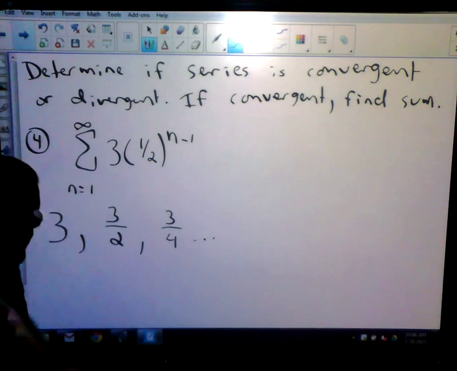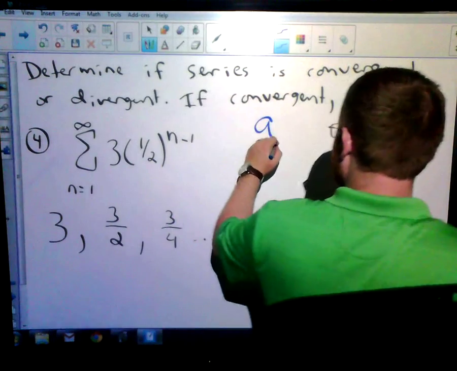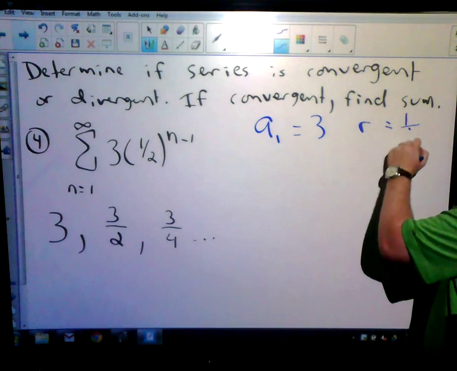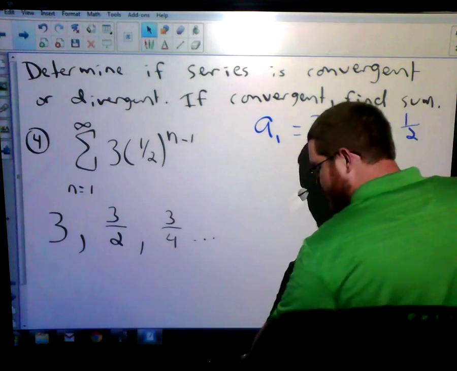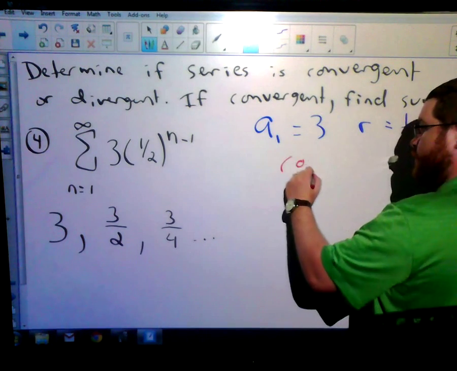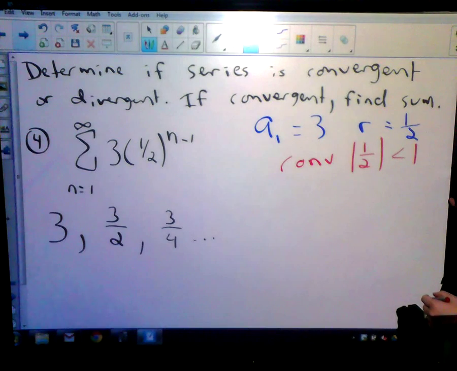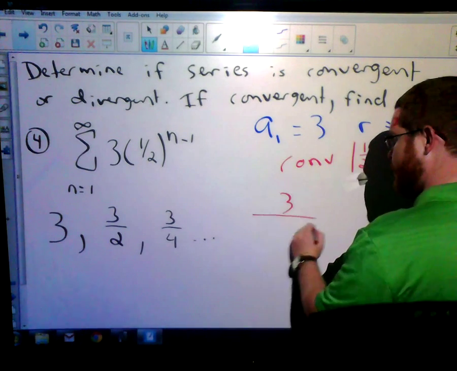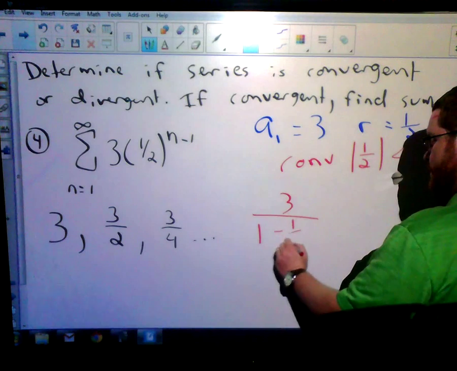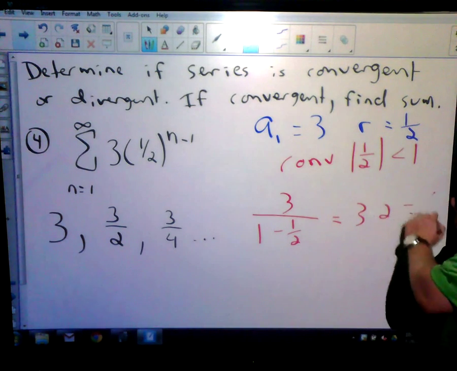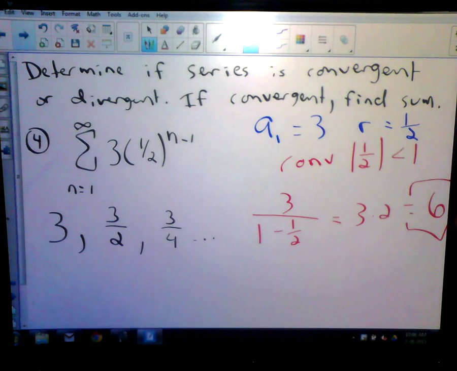You guys can see that a sub 1 is 3, and r is 1/2. This is convergent since the absolute value of 1/2 is less than 1. What's it converge to? 3 over 1 minus r. That's 3 divided by 1/2, or 3 times 2. Converges to 6.